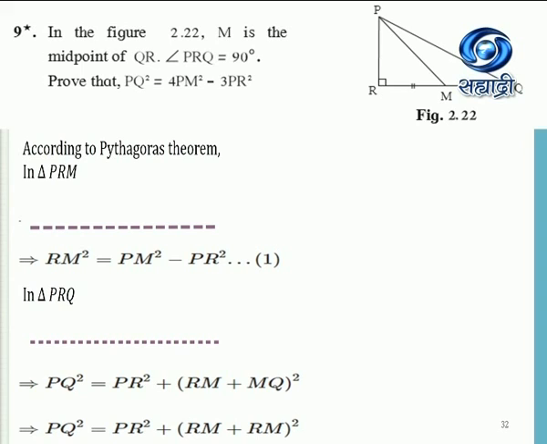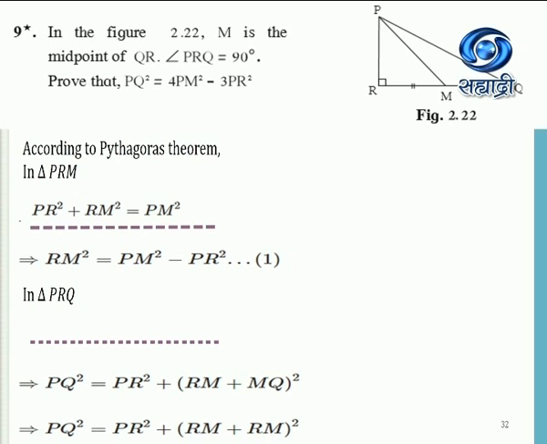Okay, so according to Pythagoras theorem, in triangle PRM, PM is the hypotenuse, PR and RM are the sides making 90 degrees. So PR square plus RM square will give us PM square. So RM square, which we want, can be written as PM square minus PR square.